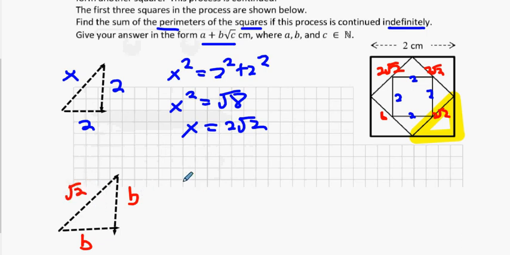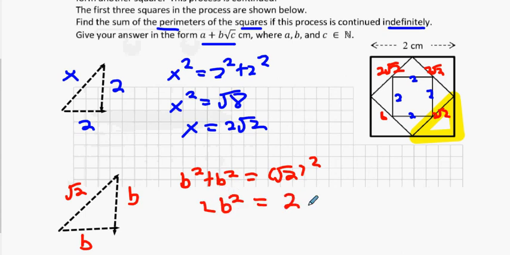So it's going to be B squared plus B squared equals root 2 squared. Wait, my bad.